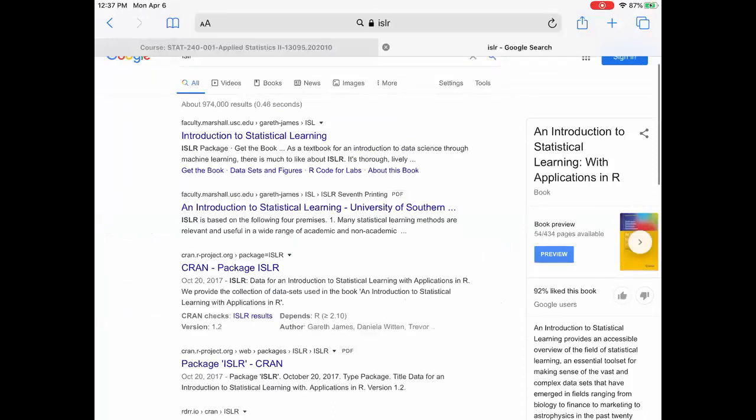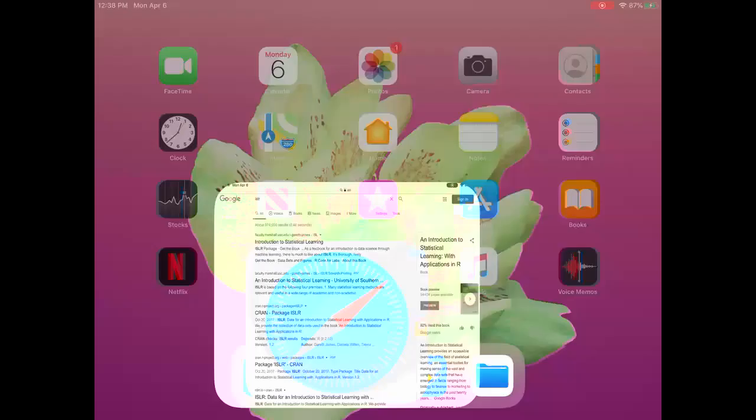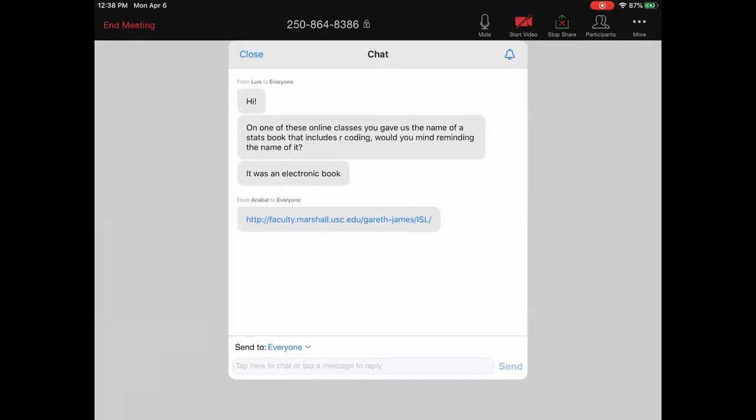It's the Introduction to Statistical Learning, ISLR, and it's a free book with applications in R. I would say it's a little bit more advanced than what you're doing, so it would probably be a next step, but still pretty good. Oh, nice.